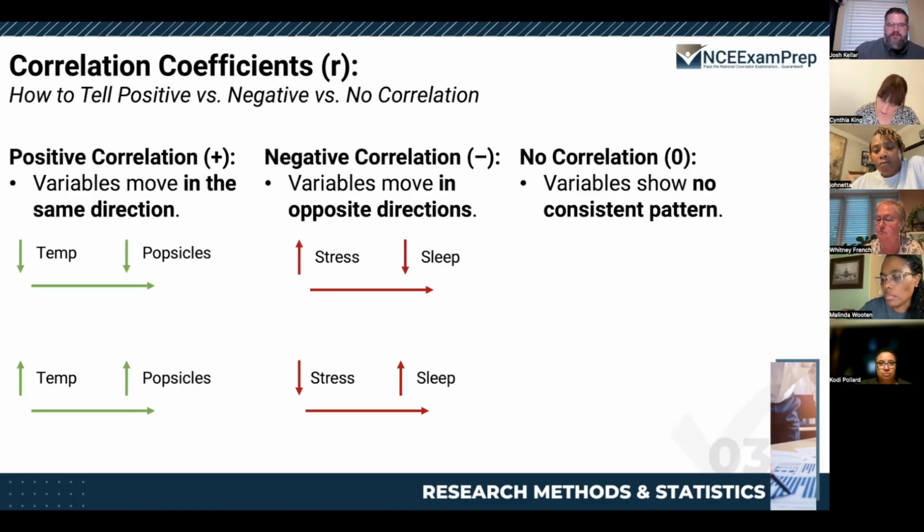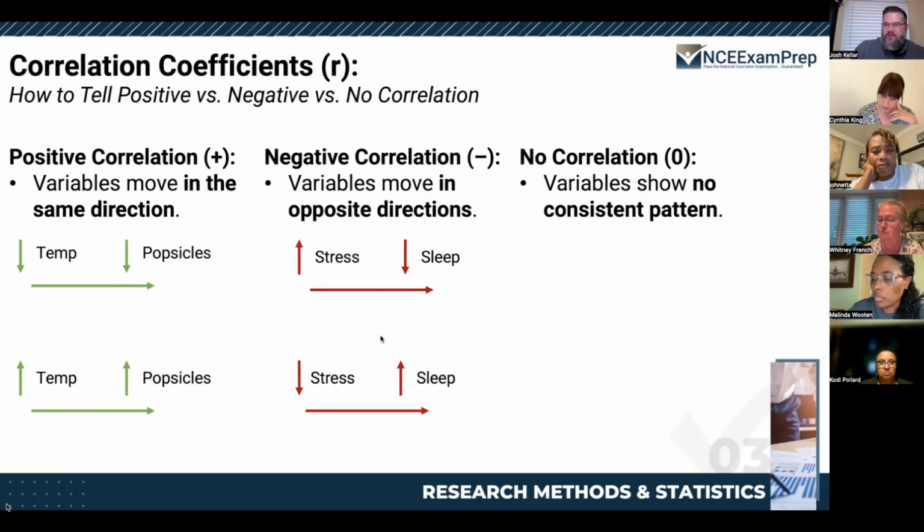With positive correlations, the variables move in the same direction. So as temperature drops, so do popsicle sales. As temperature goes up, so do popsicle sales. It's a positive correlation, whether they're both moving up or both moving down. We'd consider it a negative correlation if the variables are moving in opposite directions. So for example, as stress goes up, the amount of sleep you get goes down.